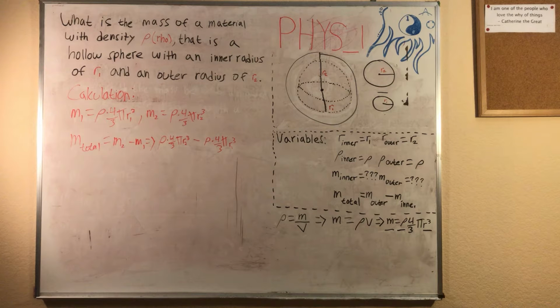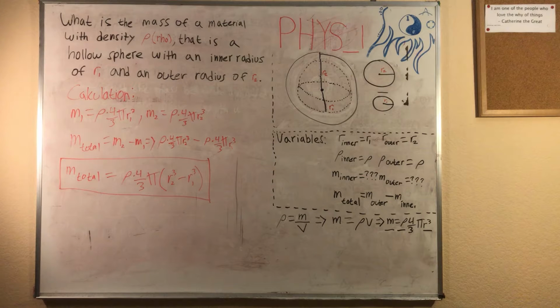This simplifies our mass total to just be rho times 4/3 times pi, all times our radius r sub 2 cubed minus r sub 1 cubed. For our hollow sphere, we have found the total mass equaling rho, or density, times 4/3 times pi, all times the radius r sub 2 cubed minus r sub 1 cubed.